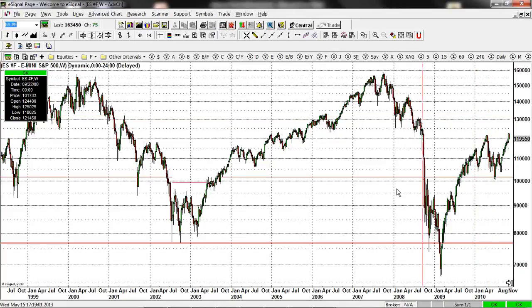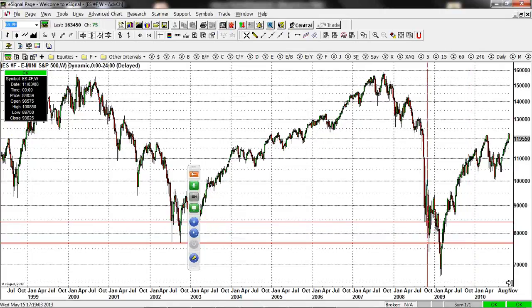Like if you caught this bottom, which was fairly easy to catch in stocks, because market came down to support, channel support, and it closed below it once, twice, and then snapped right back. So that means support basically held.